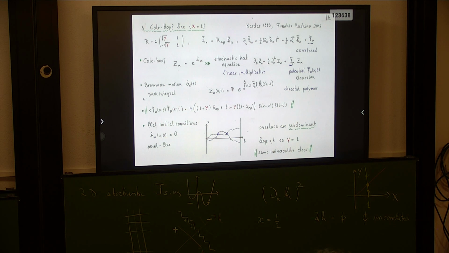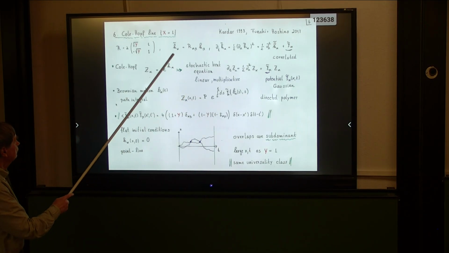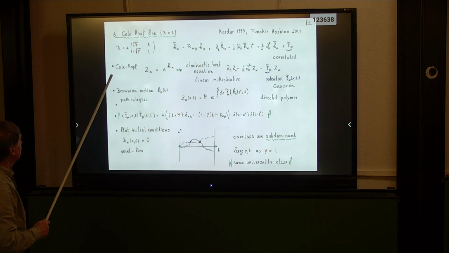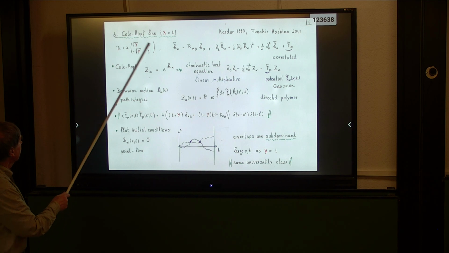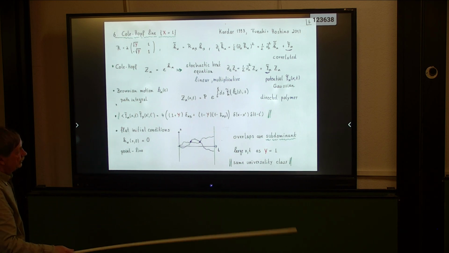So first we do a linear transformation up here, so I'm now looking at x equal to 1, and I'm varying the y.